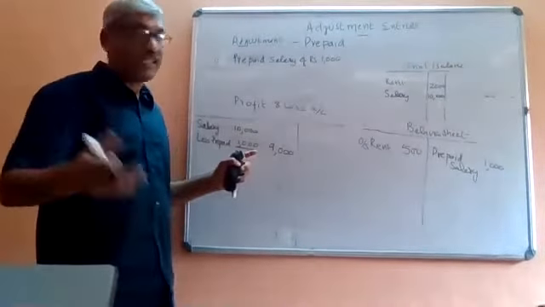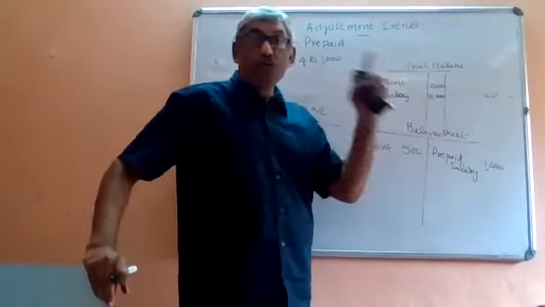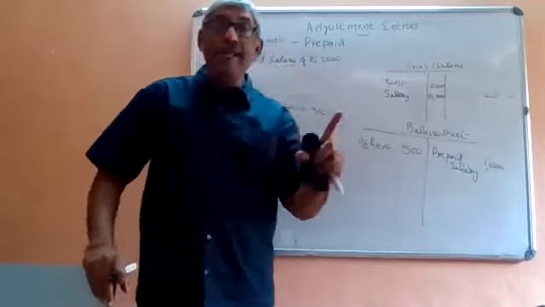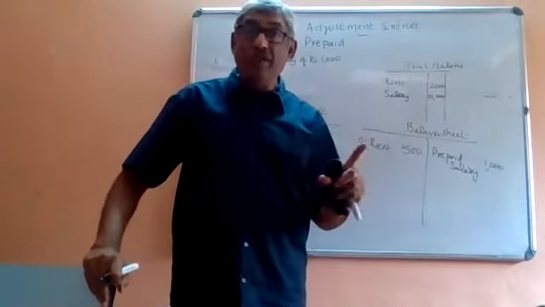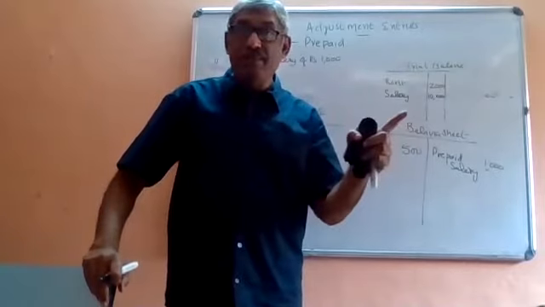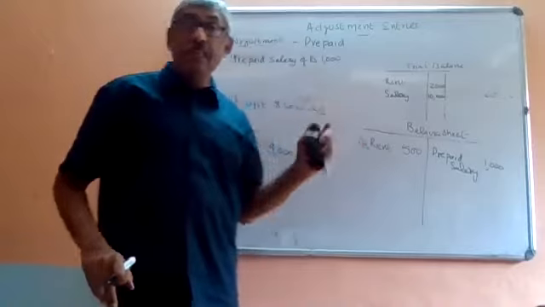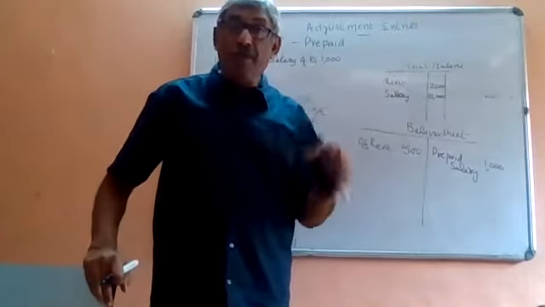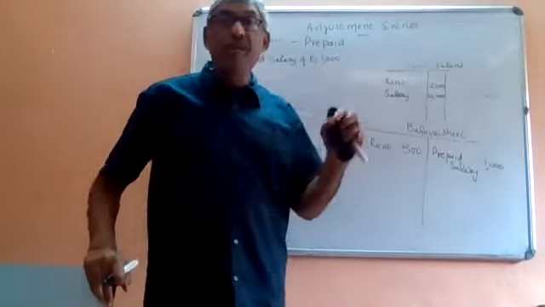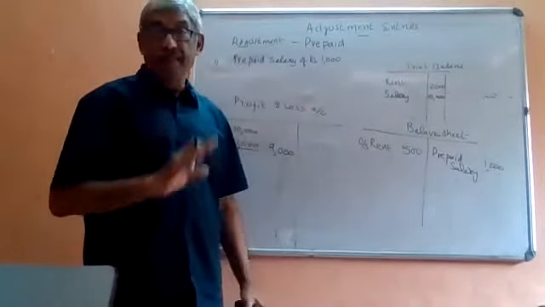It is like an asset, so it will come on the asset side of the balance sheet. Remember, all outstanding expenses are liabilities. All prepaid expenses are assets. Outstanding, we add with the concerned expense in the profit and loss account, and prepaid, we subtract from the concerned expense in the profit and loss account. That is the third entry.